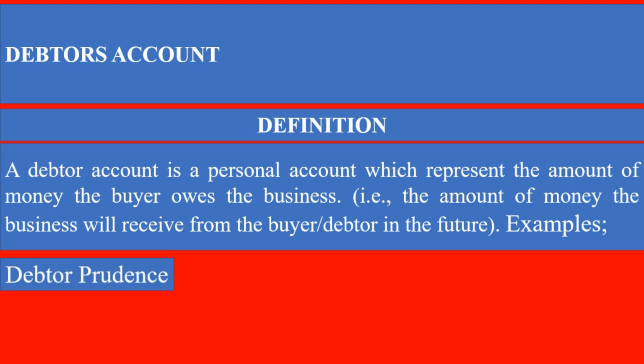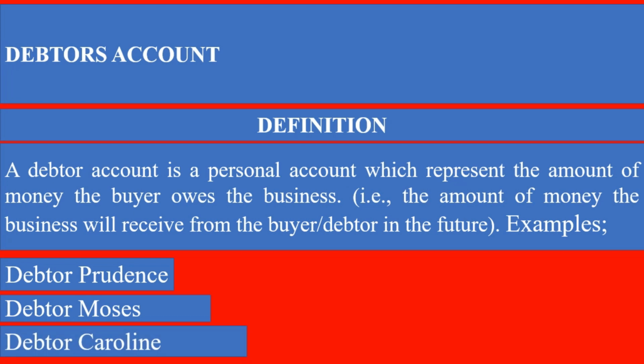For example, debtor Prudence is a case of a personal debtor or a natural person. Others include debtor Moses, debtor Caroline, and so forth.